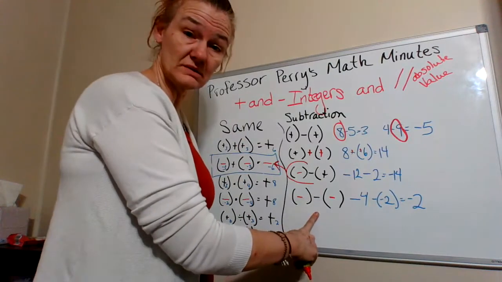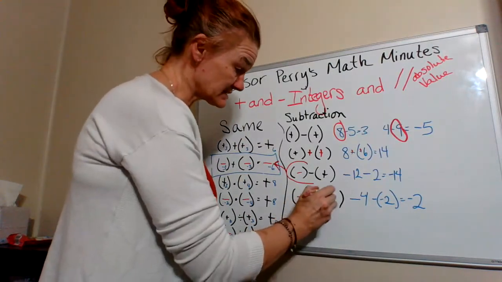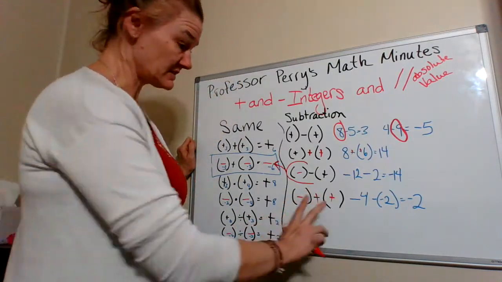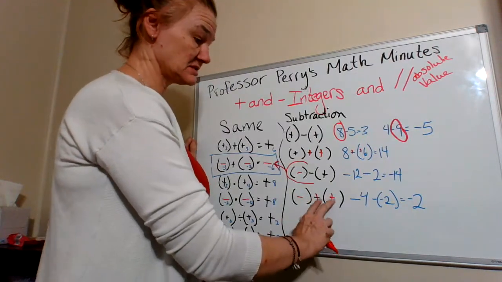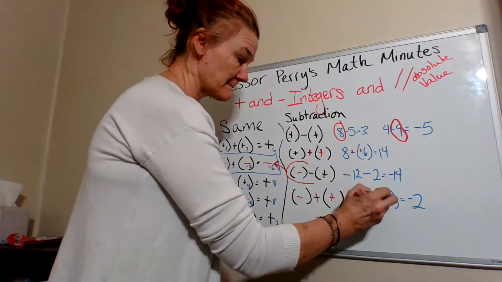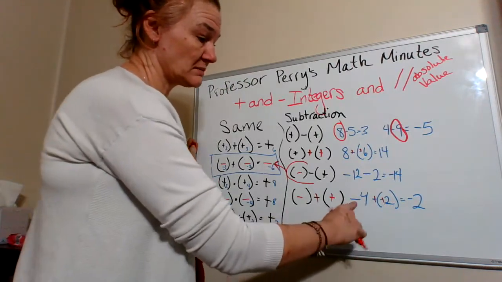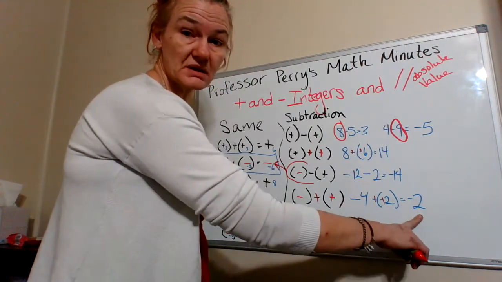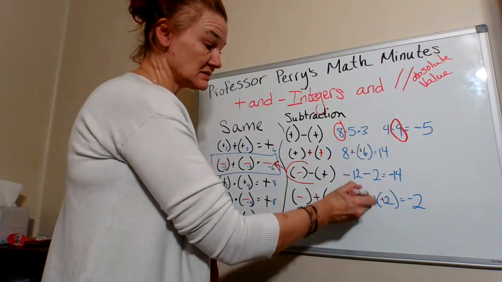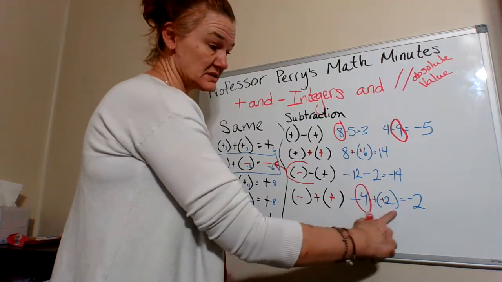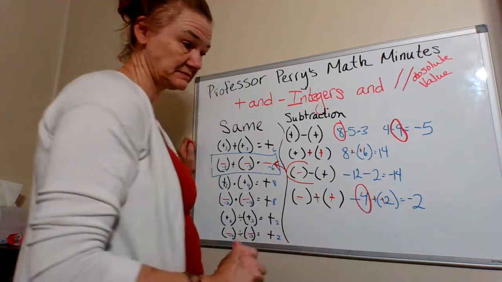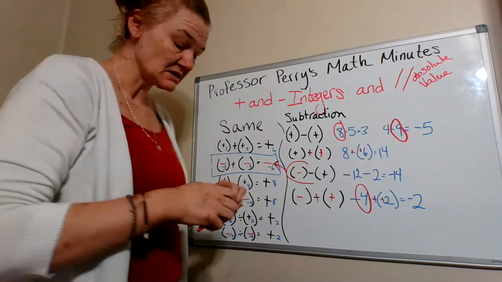Down here though, we have minus a negative. If it's in the last two positions, minus a negative, make them plus. So minus 4 plus 2 is going to be a minus 2 because the 4 is bigger than the 2. You come out minus. Okay?